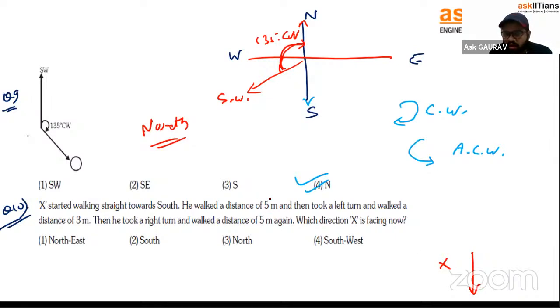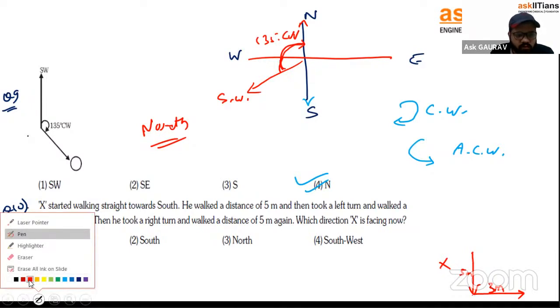He walked a distance of 5 meters. Okay, this is 5 meters. And then took a left turn. When you are facing south, you take a left turn, right? You will move here and walked a distance of 3 meters. Then he took a right turn.